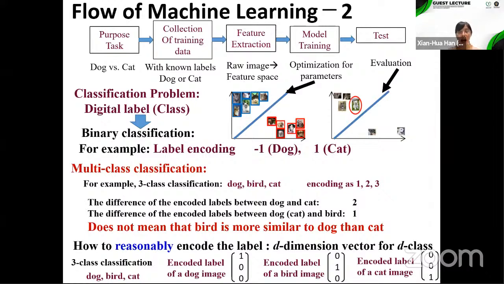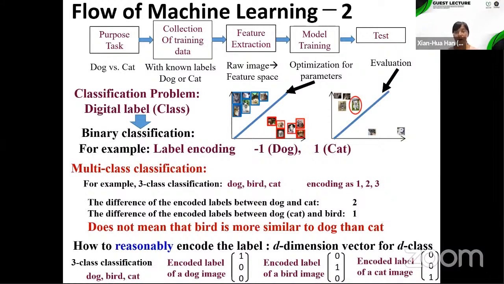The first element represents that the probability that the input image belongs to dog is 1, while belonging to the second class, bird, is 0. Belonging to the third class, cat, is 0.